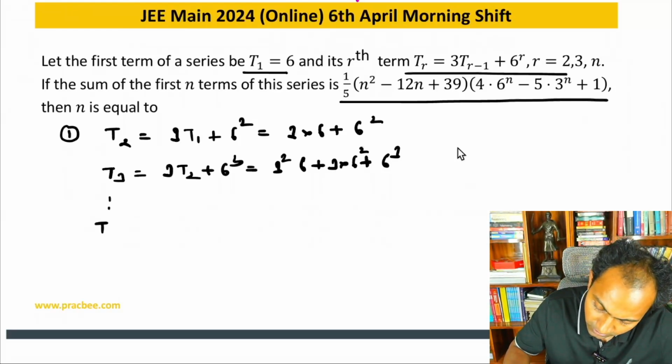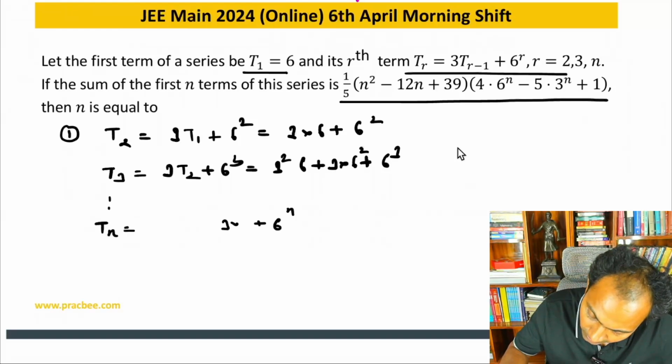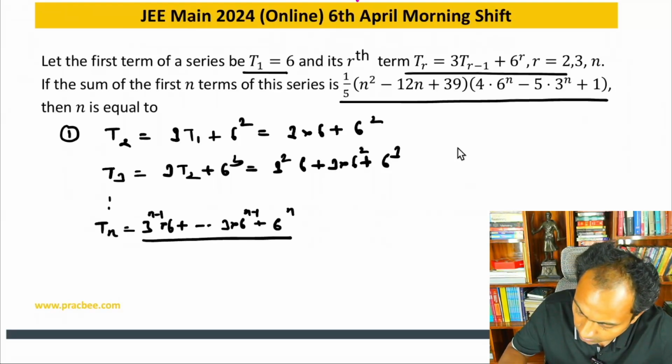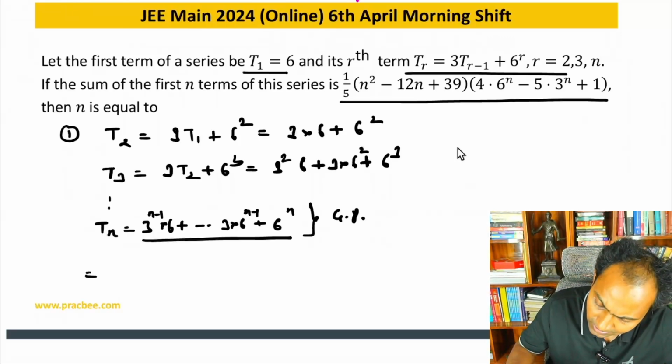Once you have this, you have observed a pattern. If I write it for Tn, the last term will be nothing but 6 raised to the power n. Before that, you will have 3 into 6 raised to the power n minus 1. And it will go till the first term where you have 3 raised to the power n minus 1 into 6. Like this you have a pattern, and you can see that this is nothing but a GP. So you can find the sum. There are n terms here.